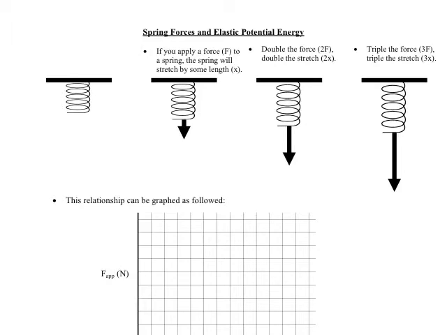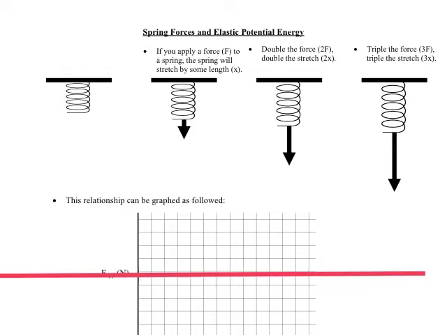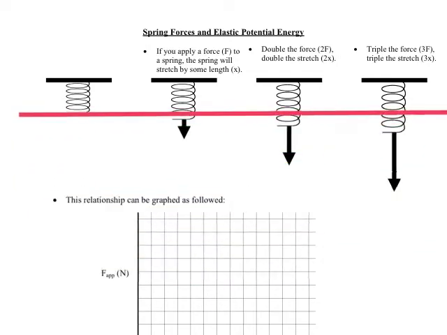So the first thing I want you guys to take a look at is all four of these diagrams at the very top. I don't know if you can see this or not, but we have identical springs. And just to start things off, I'm going to draw a line to use as a reference point. Let me just put this up here.